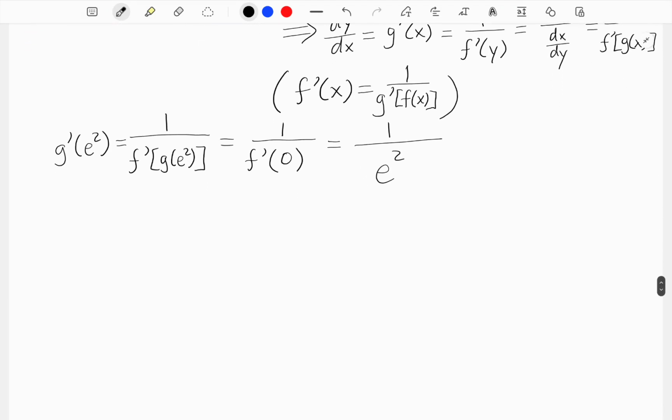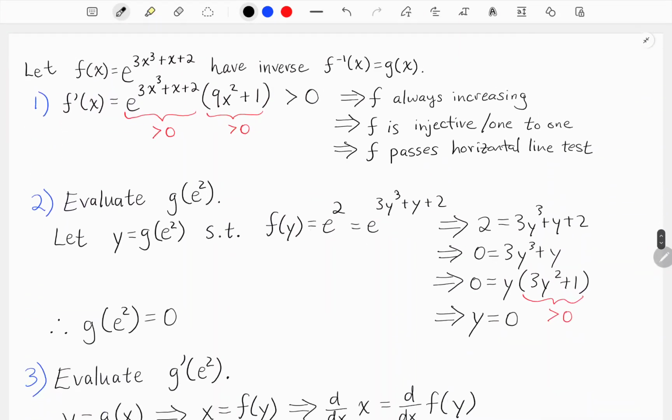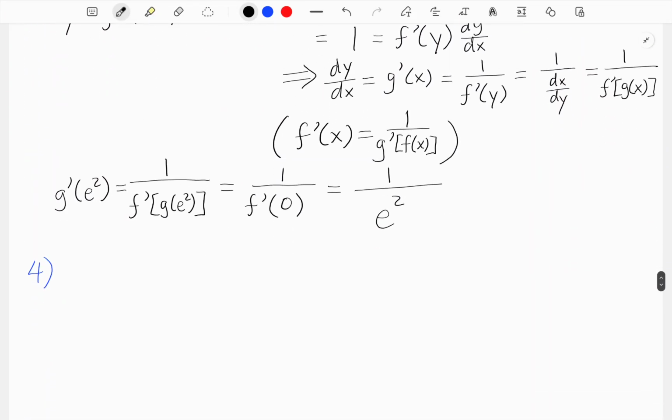So with all of this in mind, we can complete what the main purpose of this question is, which is to find the equation of the tangent line at the point e squared comma 0. So we have y minus y1 is equal to m times x minus x1. This is the slope-point form.